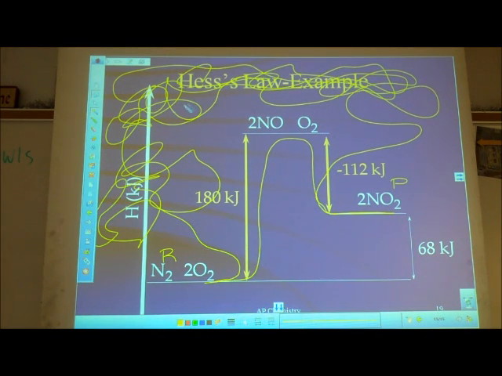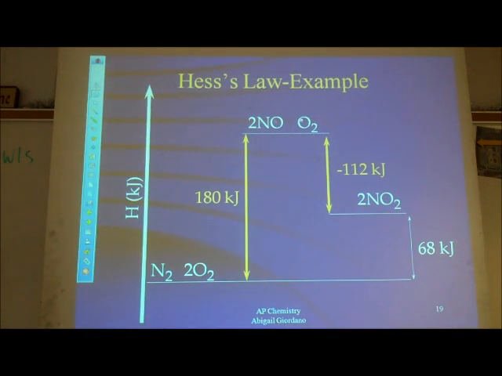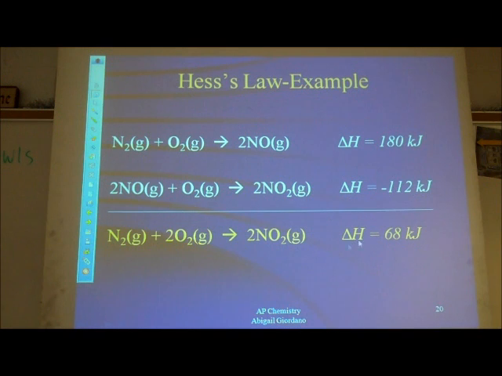Okay? Now, this is a graphical way. This is what a Hess's Law problem looks like. What's written in white, these are what I call mini reactions. And this slide corresponds, by the way, to the graph on the previous slide.